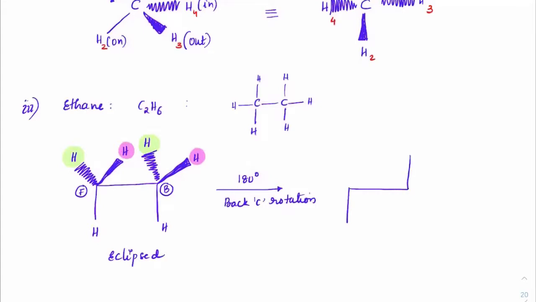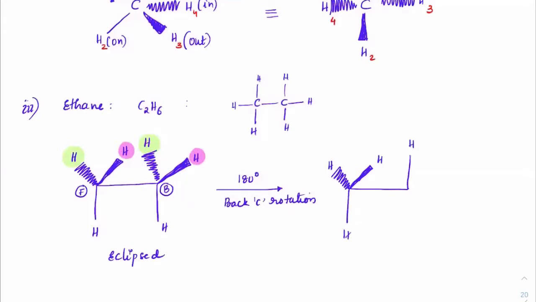Now this hydrogen which was down will come up this way. These two haven't changed because I have not changed the position of these two hydrogens. But if you observe these two carbons now, the one which is in this pink color will go inside, and the one which is in this light green color will come outside.